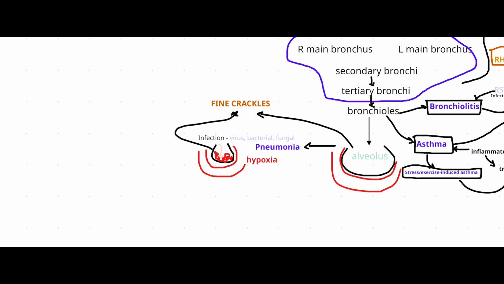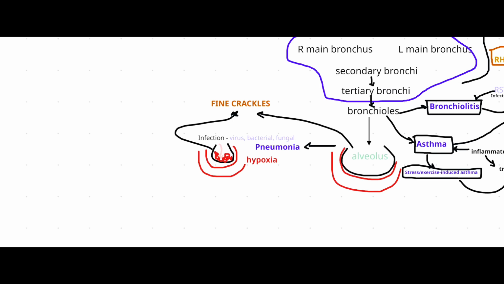We'll keep it there. Cardio: increased heart rate and blood pressure, right? And then there might be some weakness. Musculoskeletal: maybe some generalized fatigue, right? It's harder for them to get some rest. Maybe some generalized weakness, a little bit of mild malaise, right?